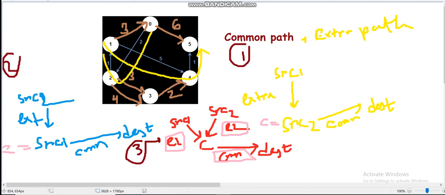The constants are not low, but we can do it in order of n, so we can iterate over all C. Our C could be any vertex from 0 to n minus 1.